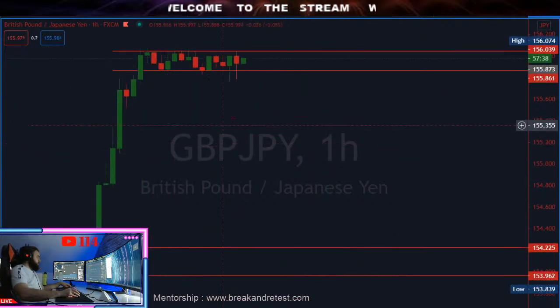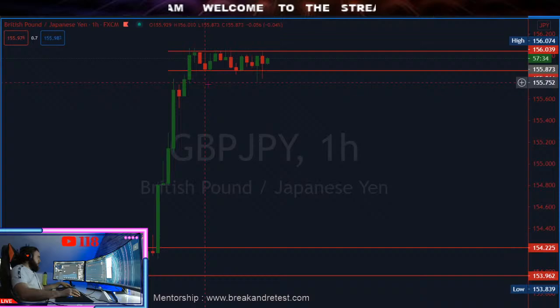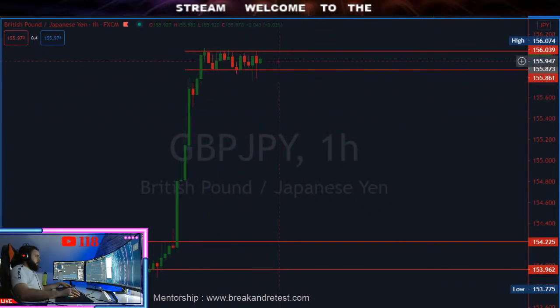GJ on the other side did close above this support, and now it's trying to push. The bad thing is that we're so close to resistance that if it goes above, we're gonna fly all the way up, and it's not gonna wait for us. That's the worst thing here.